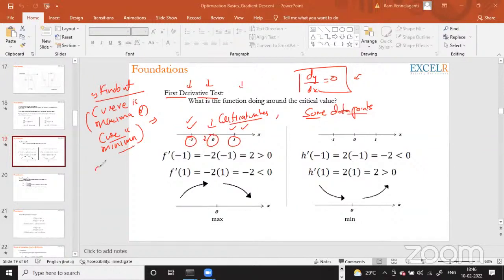So how will you find out? Y is equal to minus x square, then dy by dx is equal to minus 2x. So what is the slope at this point -1? It is 2. What is the slope at this point 1?